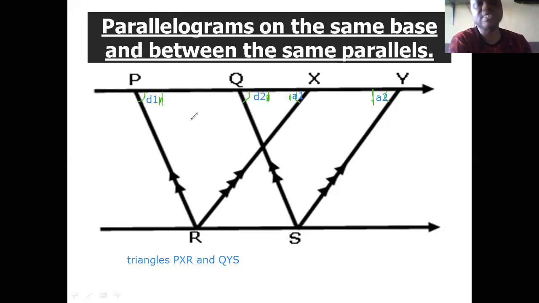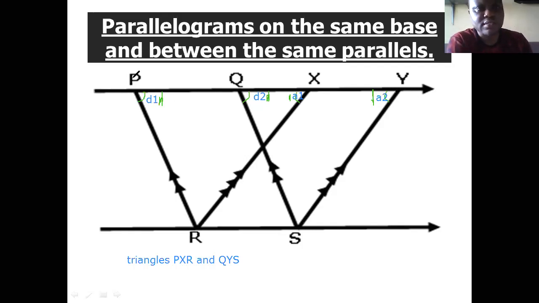Okay, they are equal. Yes, they are equal. I need to know the condition of their equality. Okay, Gloria, corresponding angles, you are correct. D1 and D2 are equal, corresponding angles. Similarly, A1 and A2 are equal, corresponding angles.